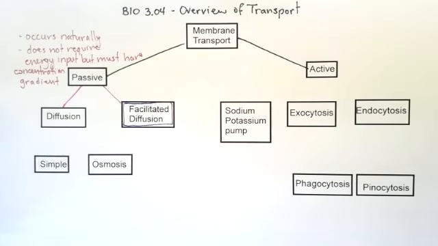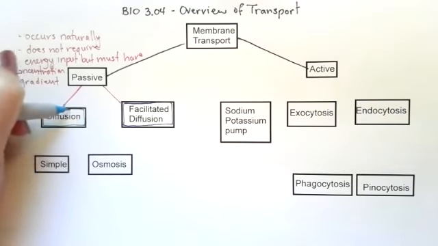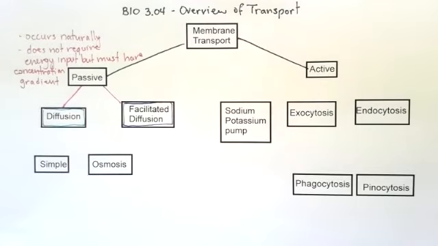Let's make diffusion light blue. So the substances that move with diffusion can go directly across the membrane, or directly through the membrane.